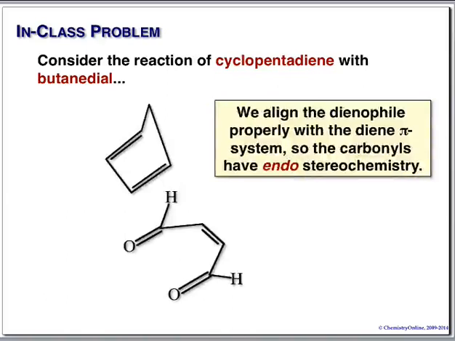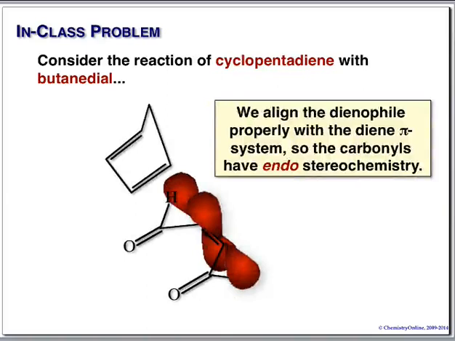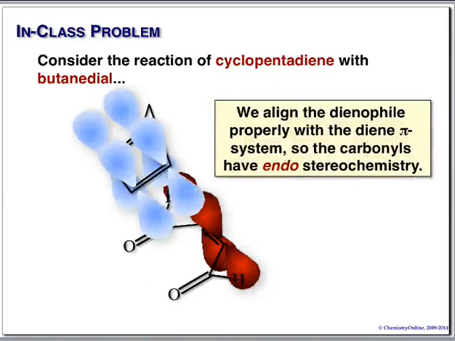All right, so let's put in our p orbitals. These are the p orbitals of the dienophile. Up here on our diene, we have this set of p orbitals. We know that in order to make this compound, the ones in the back here are just going to combine to make single bonds, leaving these two as our double bond. Okay? Make sense?